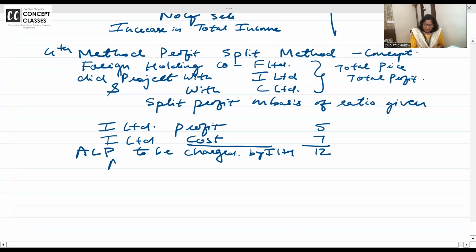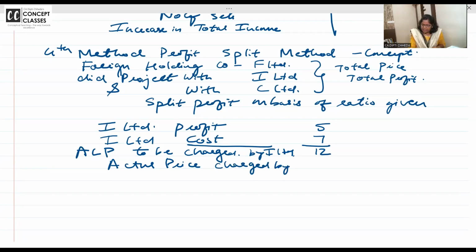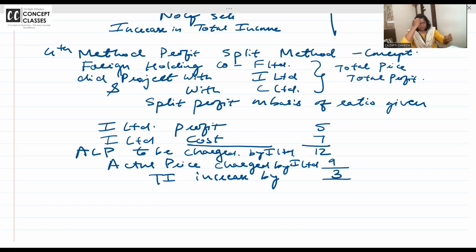Yeah, but actual price charged by India Limited. India Limited में actual ने कितना प्राइस चार्ज किया, say 9 rupees. So now you have underpriced. So let the total income increase by 3 rupees. Done. You write the concept and when I work out one problem, it will be clear.